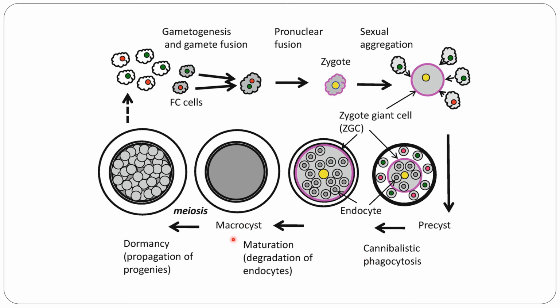This is macrocyst formation, maturation, degradation of endocytes, and then meiosis takes place, or dormancy, meaning propagation of progenies. So in such a way, from the myxoamoeba cells, by forming gametes and fusions, new amoeba cells are produced sexually.